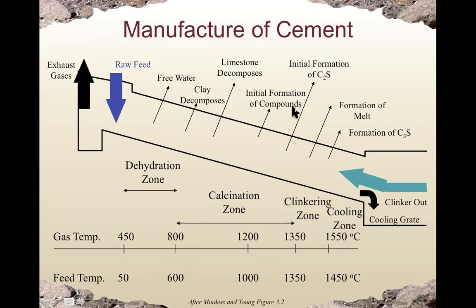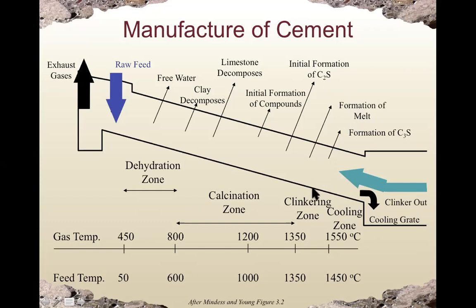The compounds in this lecture are the major products which will react with water. There are five different types of compounds which we'll discuss in a moment, such as C2S. C2S is one of the major compounds.